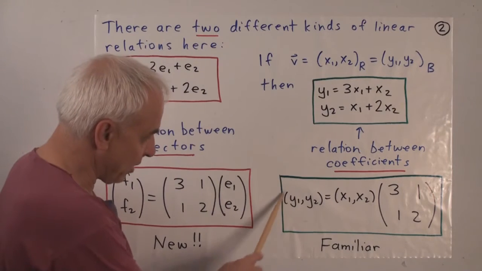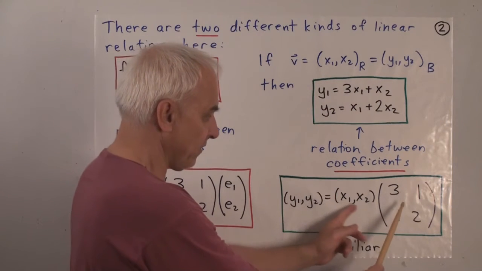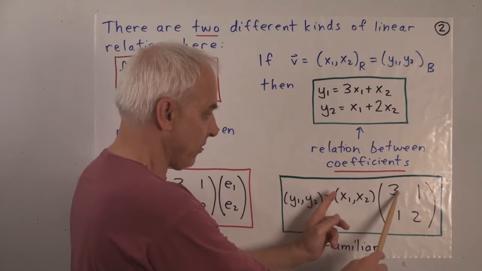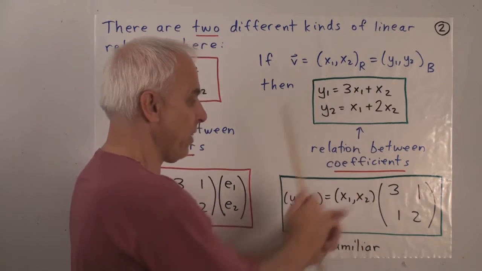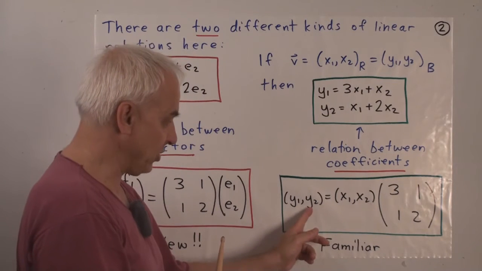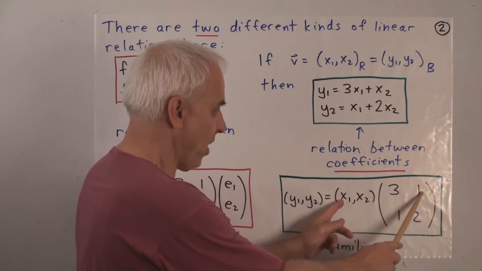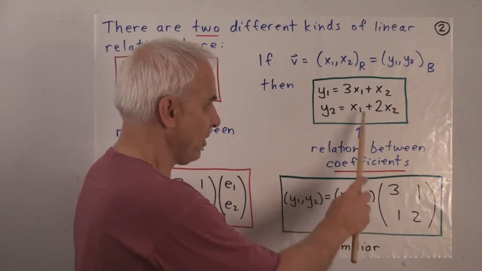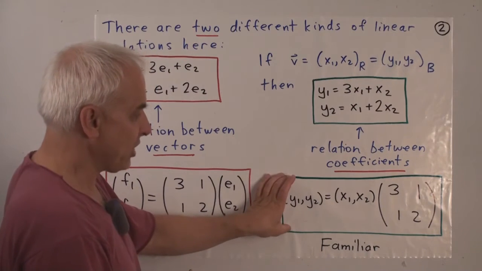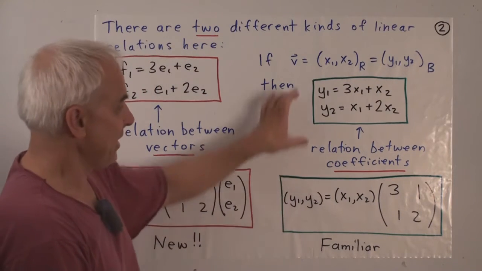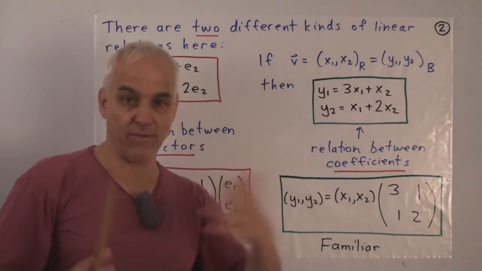The first entry here, y1, is the product of this row times this column: 3x1 plus 1 times x2. That's exactly that equation. And y2 is the second entry, which is x1 times 1 plus x2 times 2, x1 plus 2x2. So this equation involving matrices encodes exactly this relation between the coefficient vectors in Bob and Rachel's system.